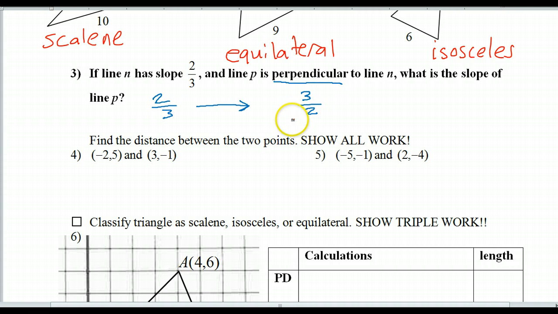The reciprocal of 2/3 is 3/2. But that's only part of it. If it's going to be perpendicular, the slope will also have the opposite sign. So negative 3/2. It's got to be opposite in sign and reciprocal. That's how the slopes of perpendicular lines work.